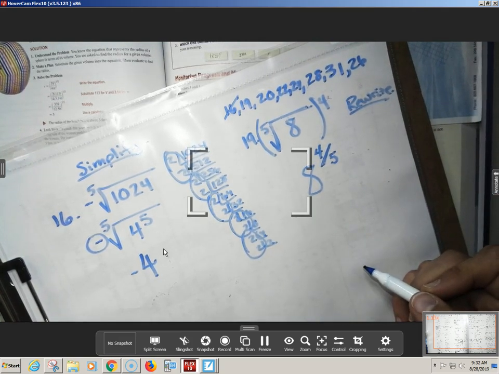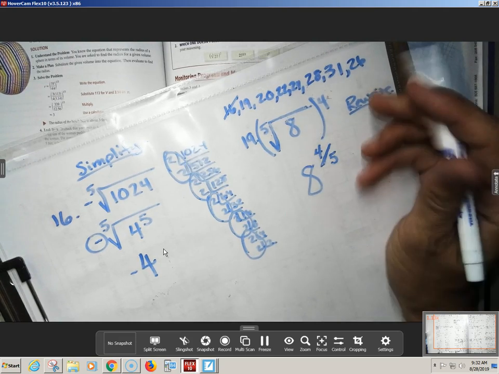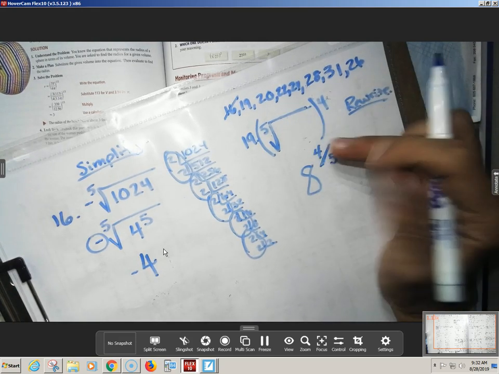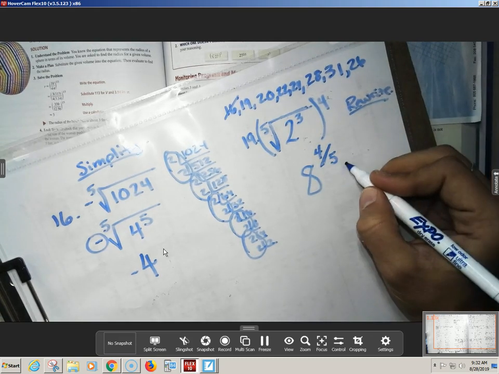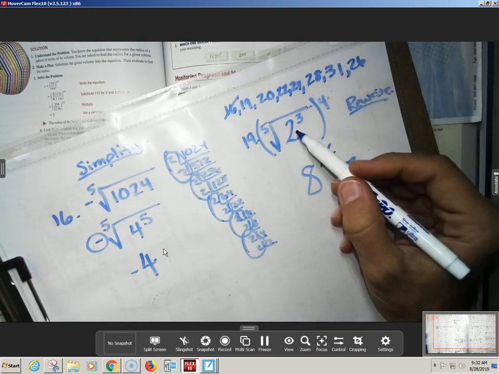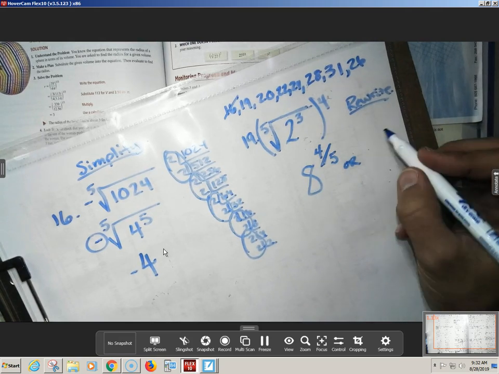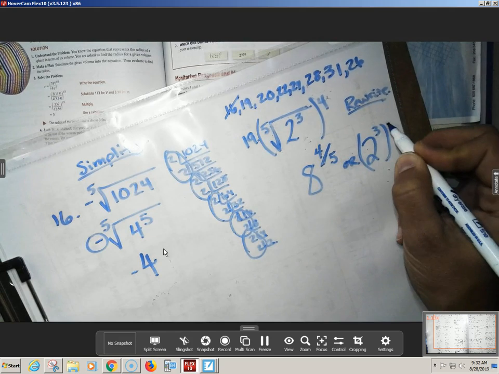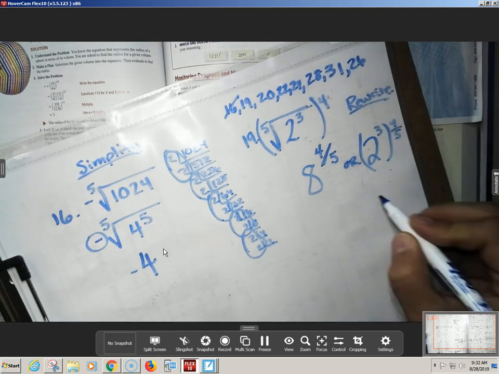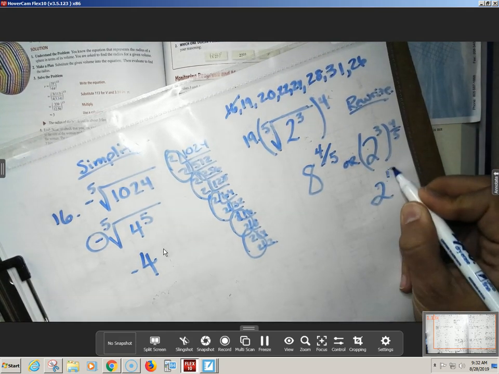Now some of you actually might have seen that 8 could also be rewritten as 2 cubed. So if you were being kind of crazy smart and rewriting 8, you could have gotten 2 cubed to the power of 4/5, and you would have had to simplify that to be 2 to the 12/5.